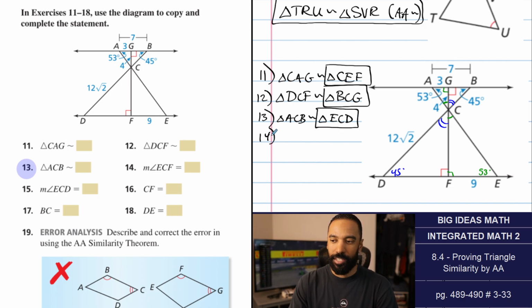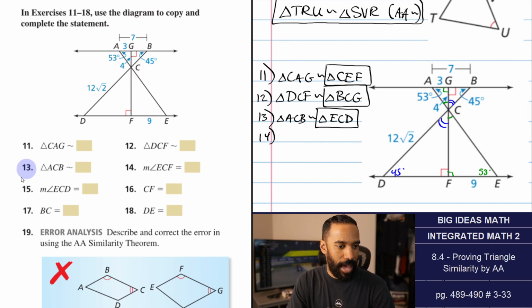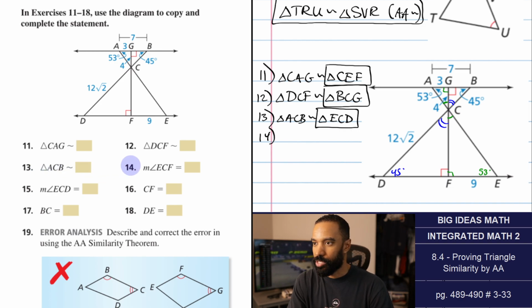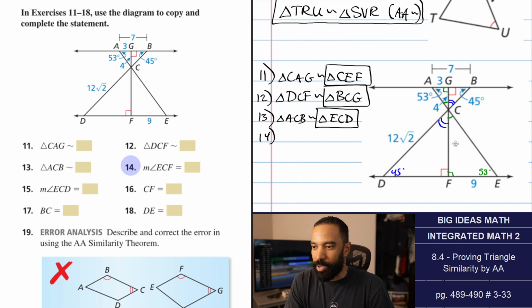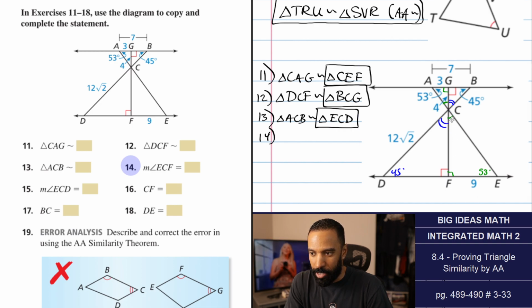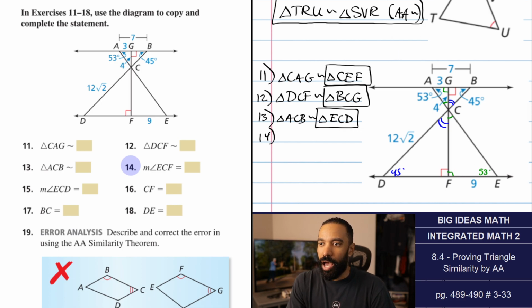Number 14, measure of angle ECF. Where's ECF? Okay, so here's the thing about ECF. It is this green guy right here, basically, this kind of thing that I marked there. We note that either this is 53 or this 53, what have you, and that's 90. So 53 plus something is 90.